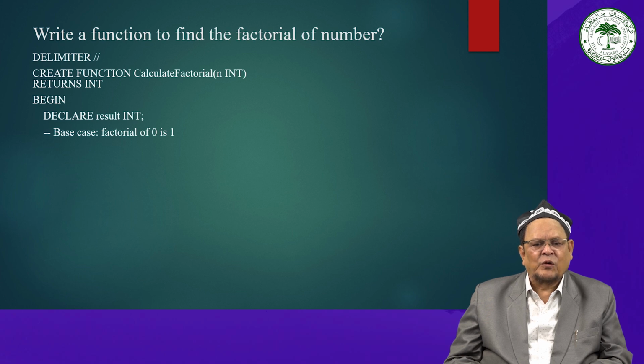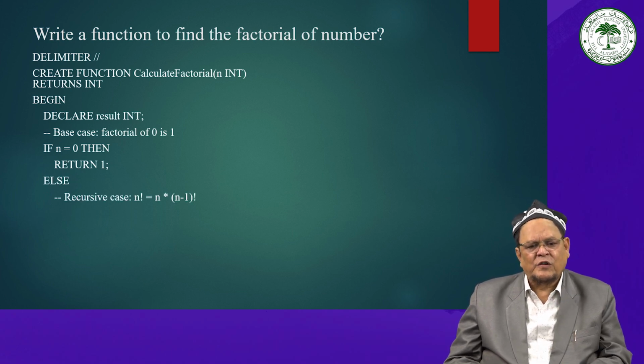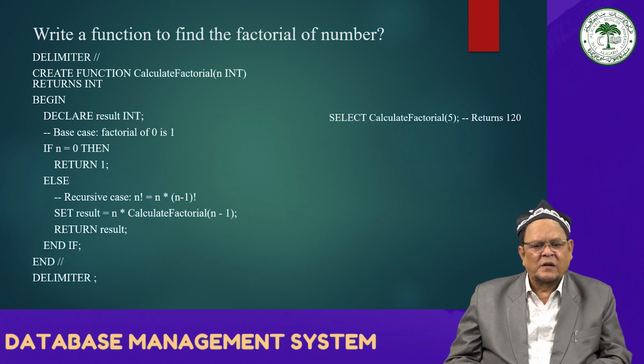The base case: factorial of 0 is 1, if n is equal to 0, then return 1. Else the recursive case: factorial n is equal to n multiplied by factorial of n minus 1. Then SET result equal to n into calculate_factorial(n minus 1), then the value will be returned.